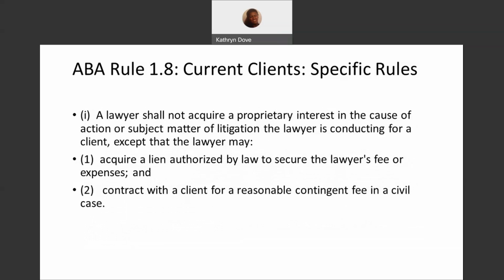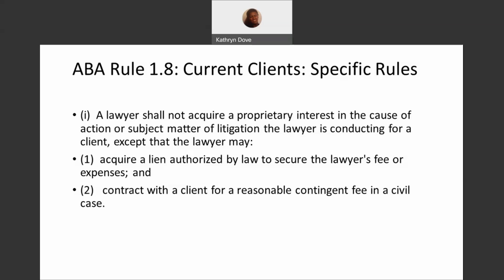A lawyer shall not acquire proprietary interest in the case or the subject matter of the litigation the lawyer is conducting for a client, except the lawyer may acquire a lien authorized by law to secure the lawyer's attorney's fees and expenses, or contract with a client for a reasonable contingency fee in a civil case.